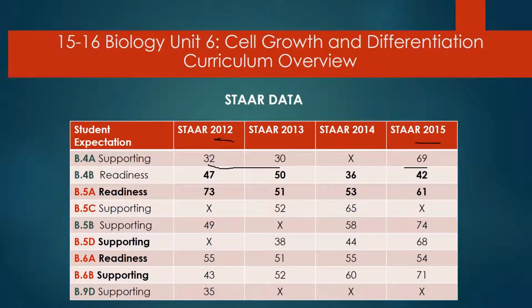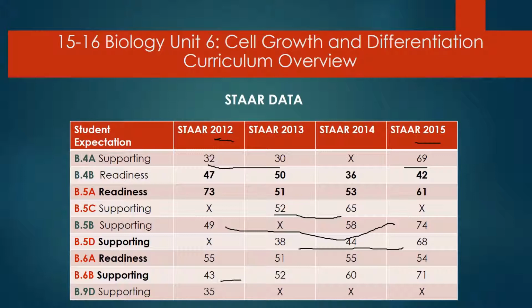It was not assessed in 14, but it was assessed in the 2015 assessment. As well as in 5C, we saw an increase. In 5B, there has been a significant increase.